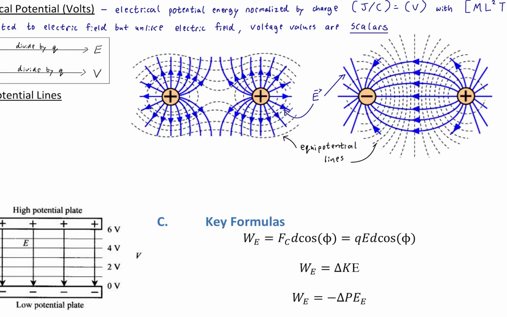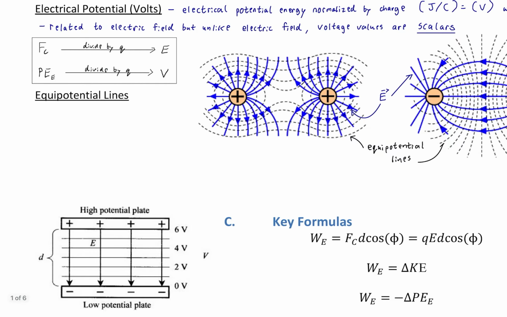Is it really necessary to do both? I would argue yes, because by drawing both, you have a very fast way of thinking about the effects of those charges, how they would affect other charges placed nearby, how those other charges would accelerate, where they would go, in what direction they would go.